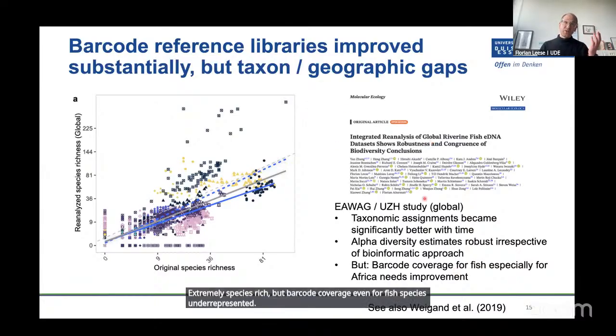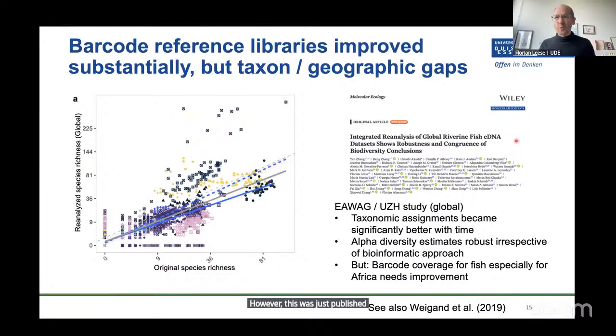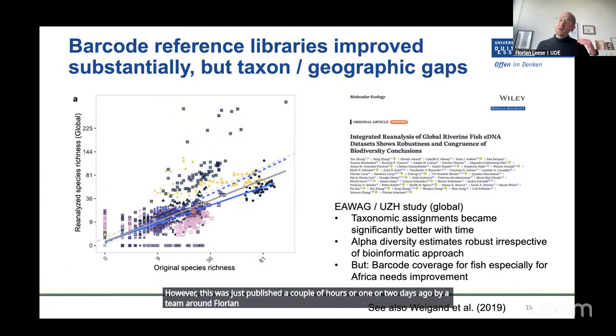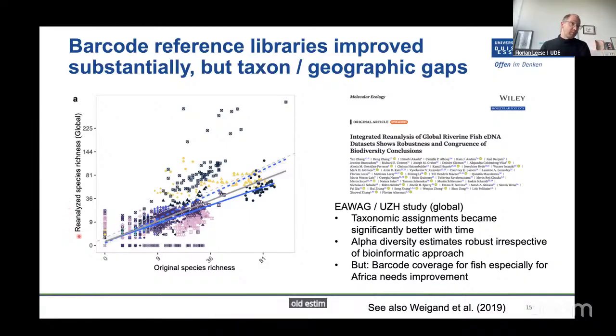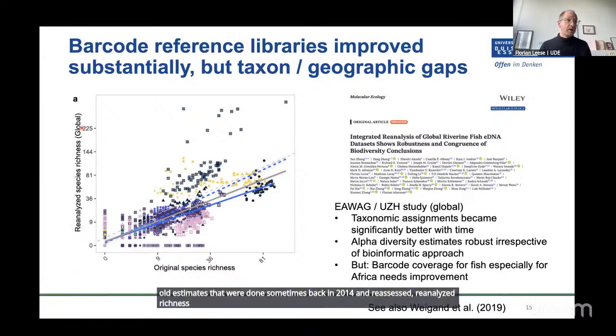However, this was just published a couple of hours or 1 or 2 days ago by a team around Florian Altermatt. We see that despite the lack of barcode coverage, the richness estimates actually are quite consistent, even between the quite old estimates that were done sometime back in 2014 and reanalyzed richness estimates by Florian Altermatt and his team, the lead author Yan Zhang.